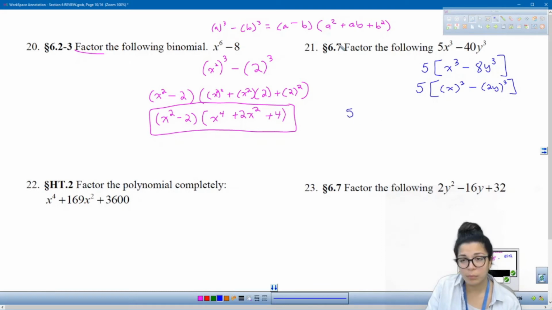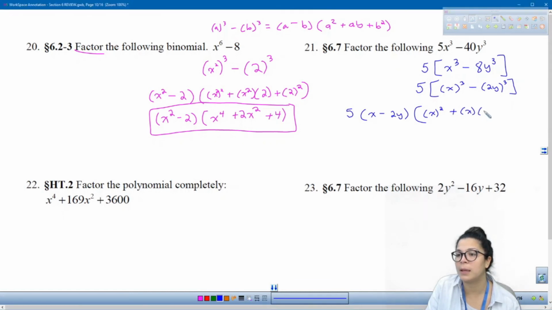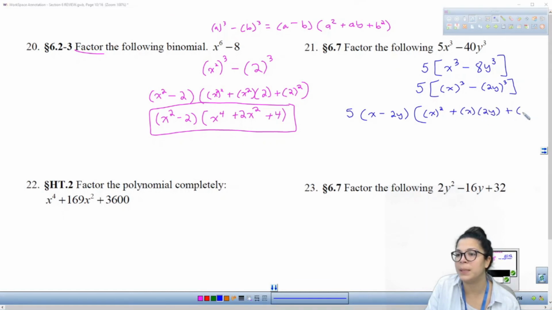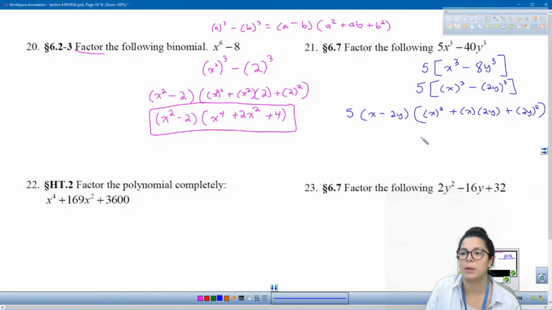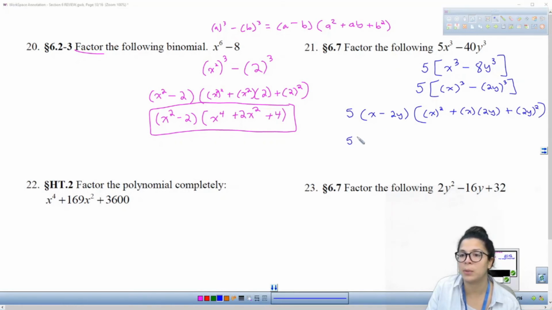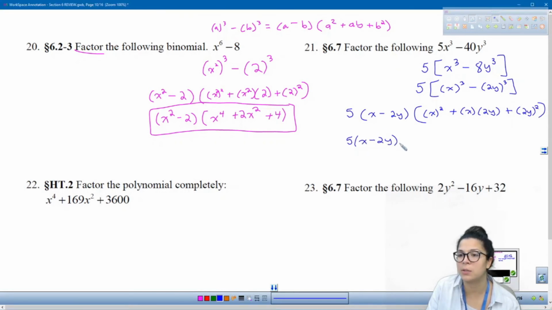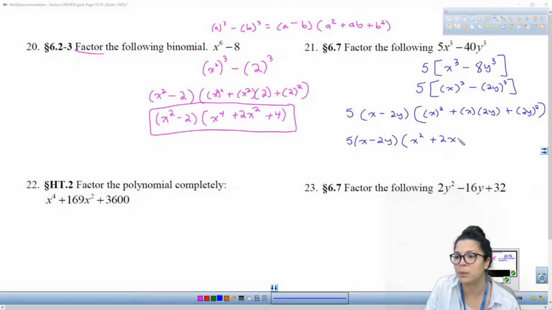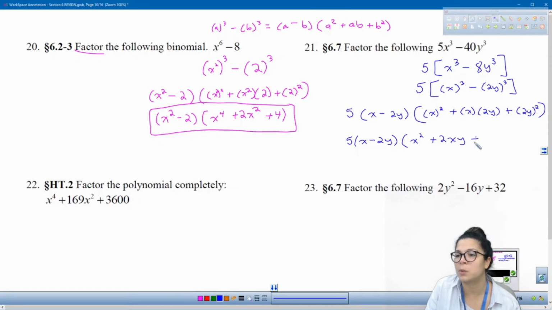So for the difference of cubes, we'll just use the identity: a minus b times a squared plus a times b plus b squared. And then all we have to do is simplify this trinomial. So I'll bring down the first 2 factors. And then x squared is just x squared. X times 2y is 2xy. And 2y squared: 2 squared is 4, y squared is y squared.